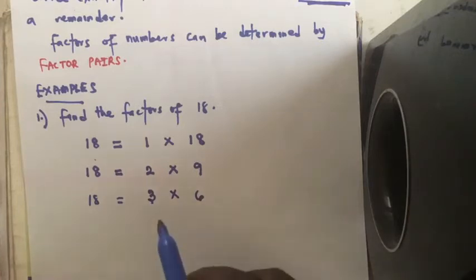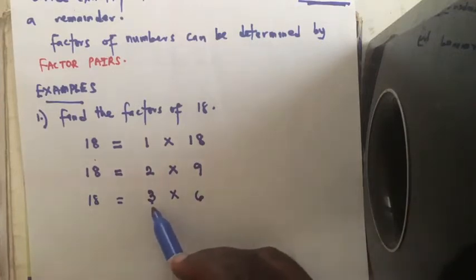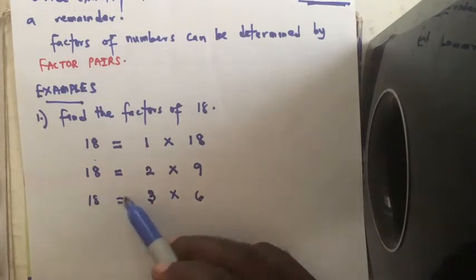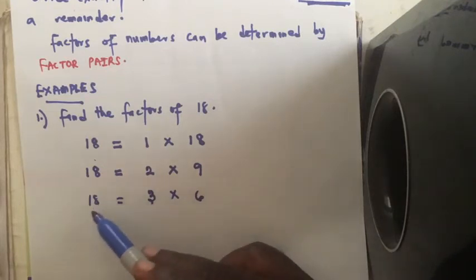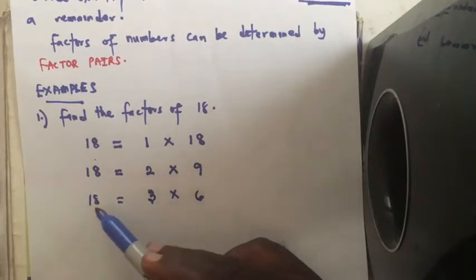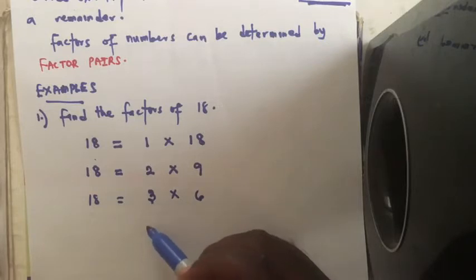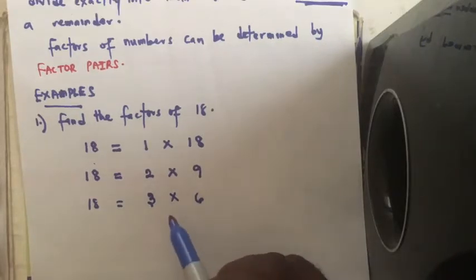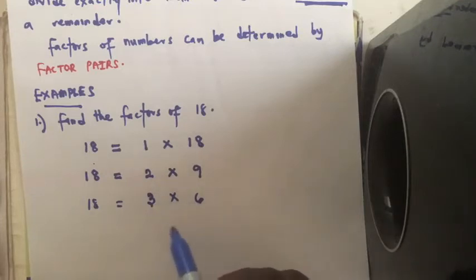After 3 the next digit is 4. 4 is not a factor of 18. After 4 is 5. 5 is not a factor of 18. After 5 is 6. Of course, 6 is a factor of 18, so you should expect the next one to be 6 times 3. But we've already written 3 times 6, so there's no point writing 6 times 3 again.